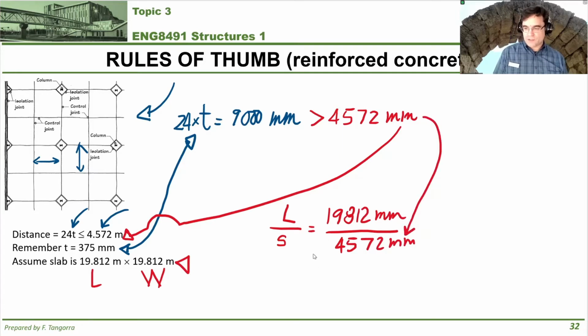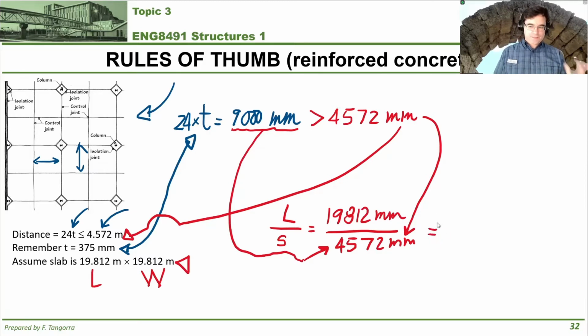Now this number here would change if this had been smaller than 4,572. Okay, that's what we would have gotten, but it isn't, so we have to live with that. Okay, so this number is going to tell us how many spacings we're going to get at 4,572 millimeters. So when I divide one number by the other, I get 4.333 spacings. So we're done?